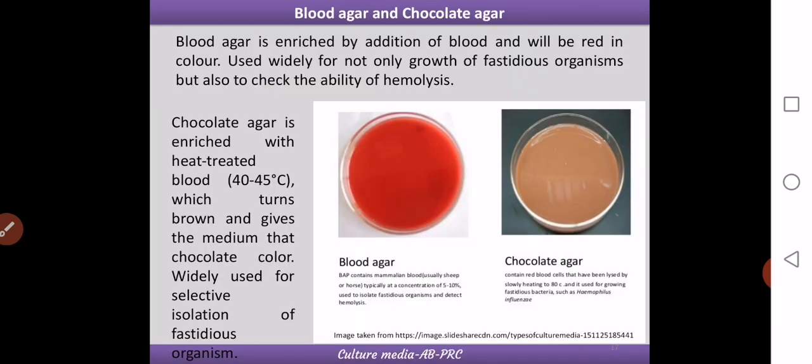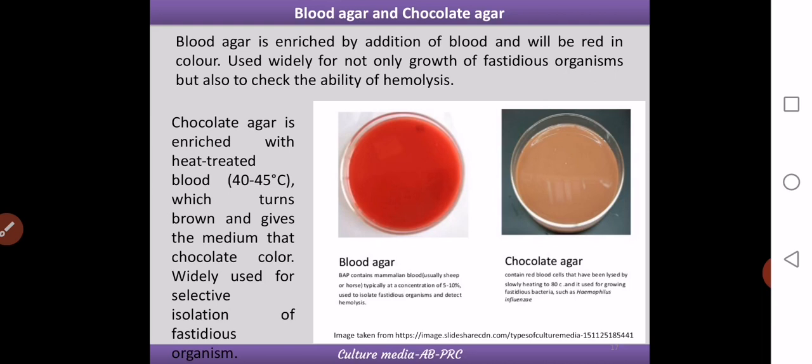And here you can see a little explanation on blood agar and chocolate agar. Both the media are enriched by blood. These are enriched media used for cultivation of fastidious organisms, and also there will be some other purposes, right? See, first see blood agar. Blood agar is enriched by addition of blood and will definitely be red in color.